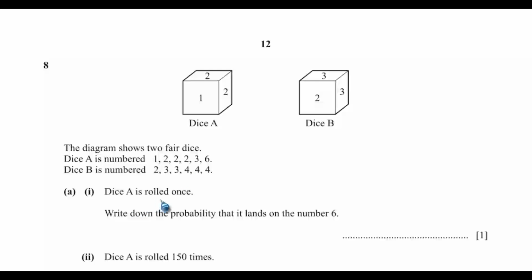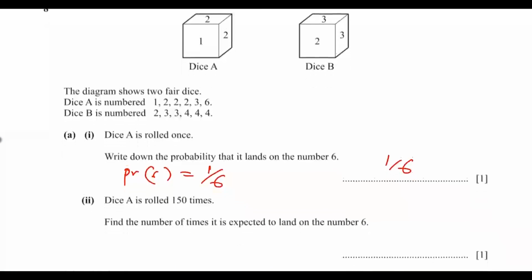Dice A is rolled once. Write down the probability that it lands on the number 6. So the total is 6. So the probability that it lands on the number 6 will be equal to the number of 6s we have there, which is 1, out of the total, which is 6. So the probability is 1 out of 6.